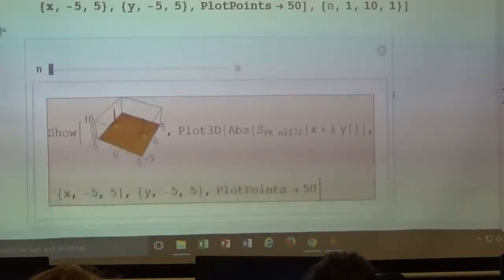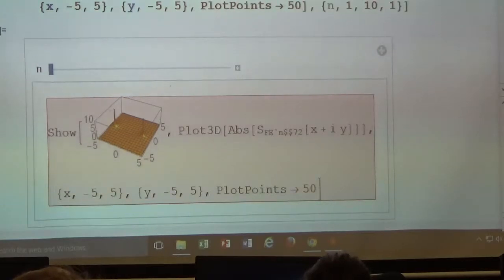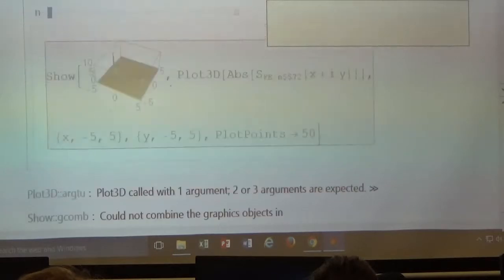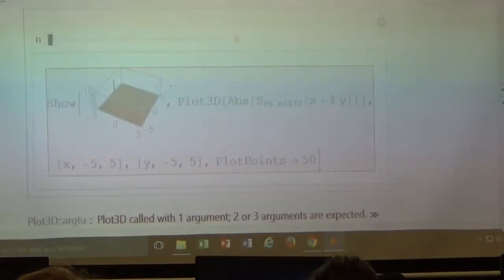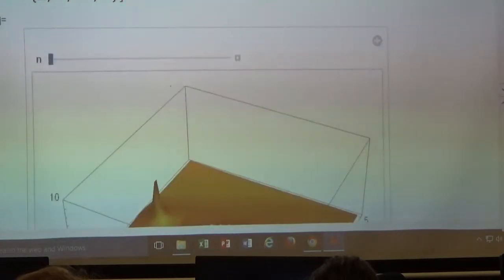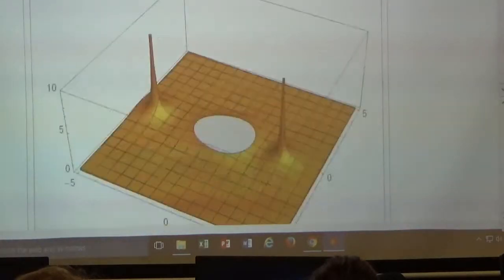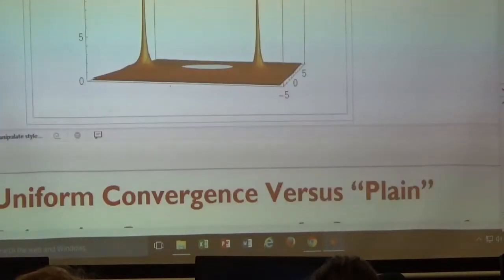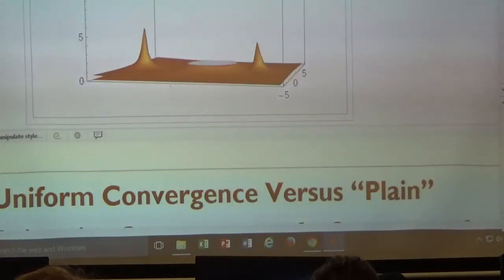It's not a mistake. Plot3D, Plot3D. Do I have too many square brackets here? Is that the problem? Yeah, this should go inside Plot3D. There are two graphs there.